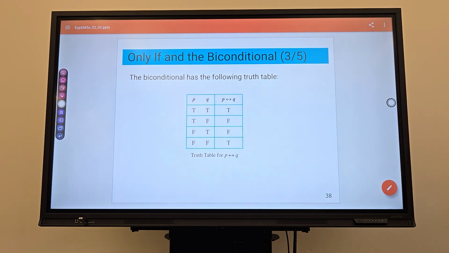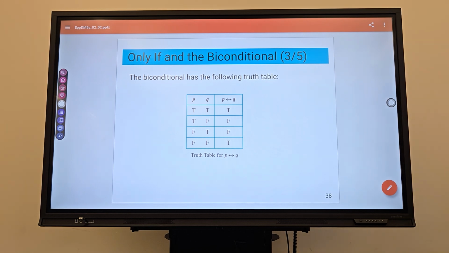Now, I'm going to share with you something that they don't mention in digital logic. I forget how many people have not taken digital logic. Okay, more than I was thinking.